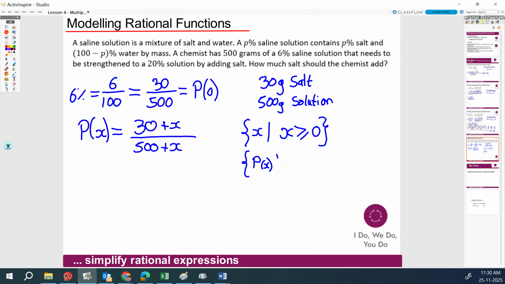We can go from 6% up to 100%. We will never actually get to 100%.